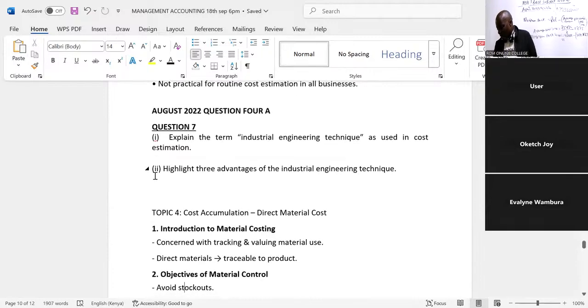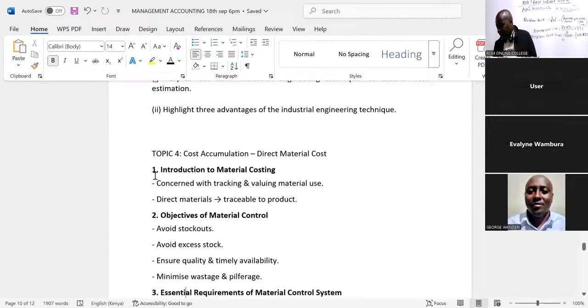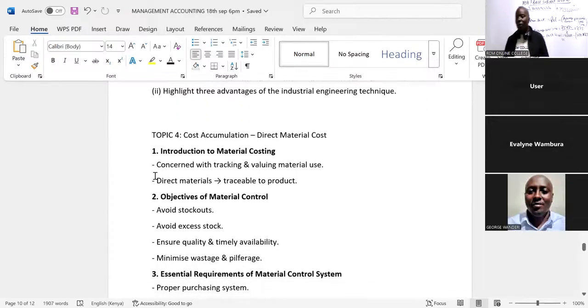Topic number 4, cost accumulation, direct material cost. Have you seen the handout? All right. So, of course, these notes are highly summarized, but they'll help you to pass your paper. So, introduction to material costing.